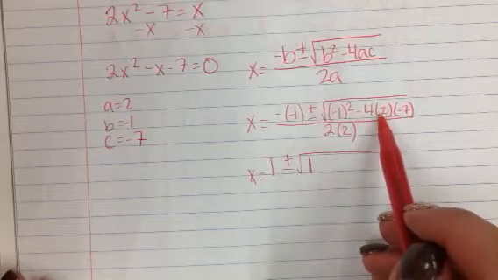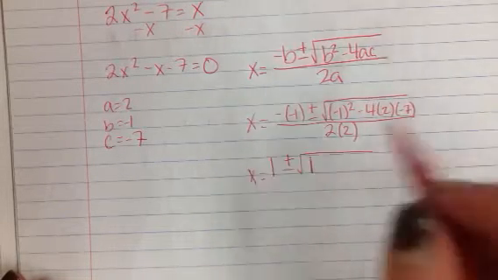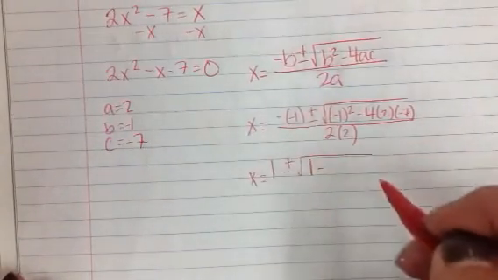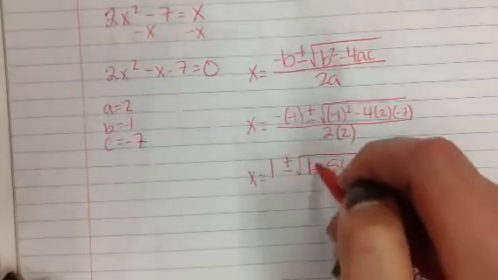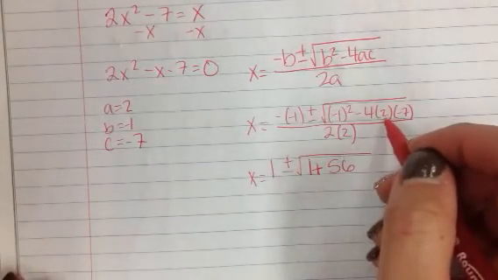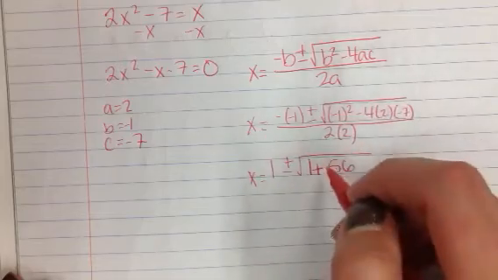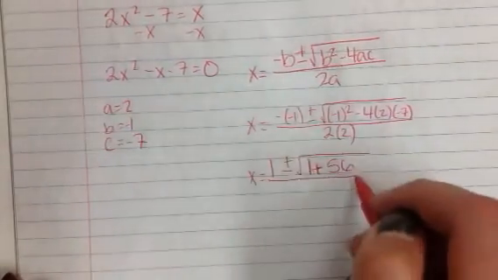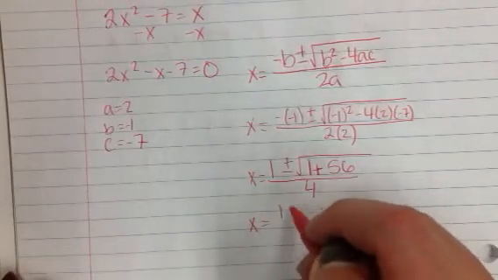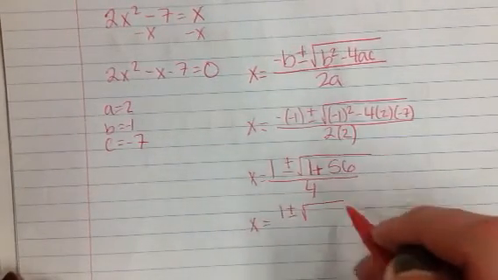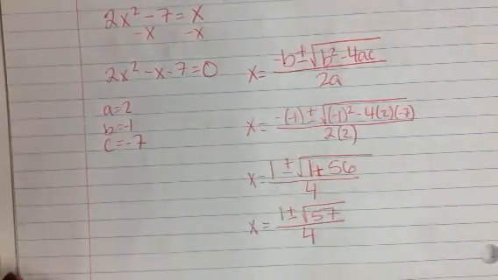Negative 4 times 2 is negative 8. Negative 8 times negative 7 is positive 56. All over 2 times 2, which is 4. So x equals 1 plus or minus the square root of 57 divided by 4.